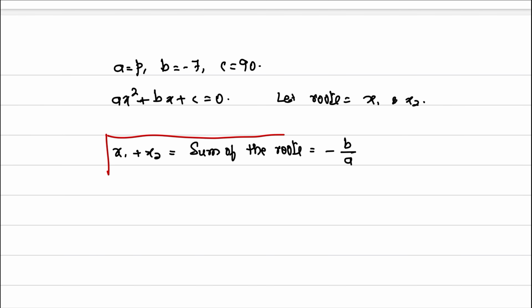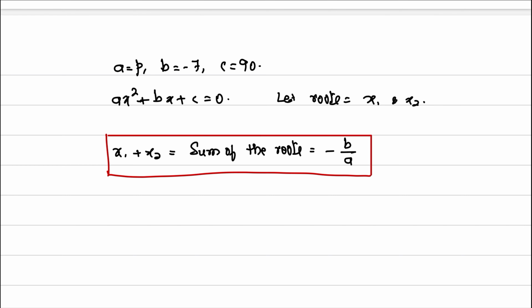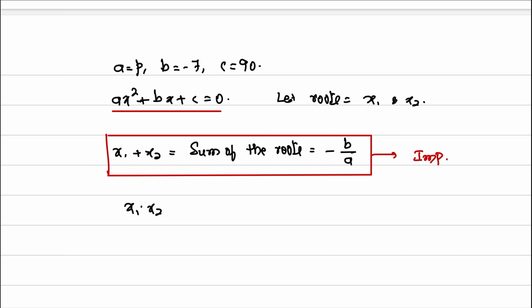How it has come, we will discuss at any relevant time. Sum of the roots is minus b by a in ax square plus bx plus c is equal to 0. And what is the product of the roots? x1 into x2 is equal to product of the roots.